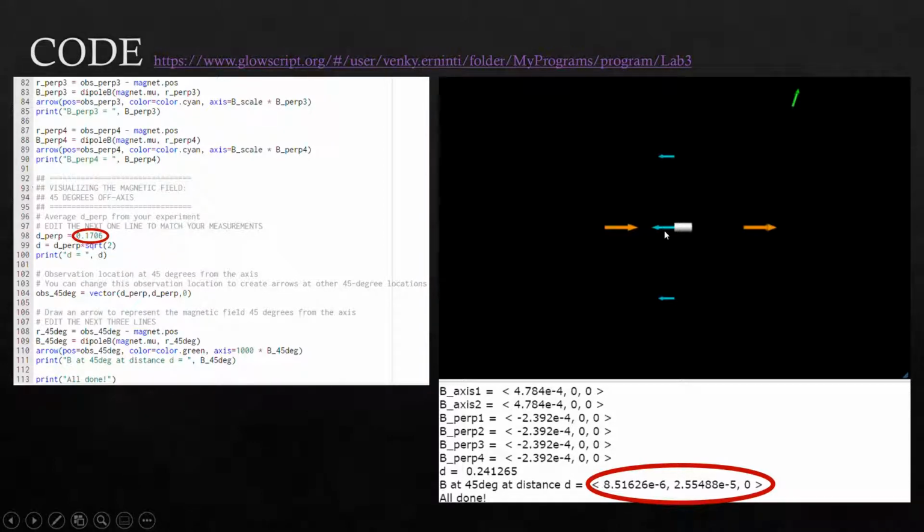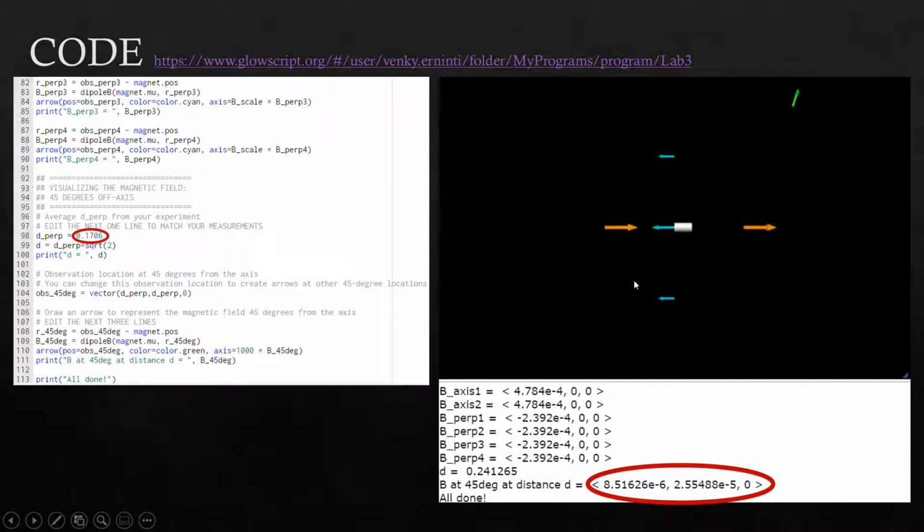So the white block is the dipole representing the small bar magnet. The orange arrows are the on-axis magnetic fields, and then the blue arrows are the magnetic field at observations perpendicular, and then the green arrow is the magnetic field at 45 degrees with a small bar magnet.